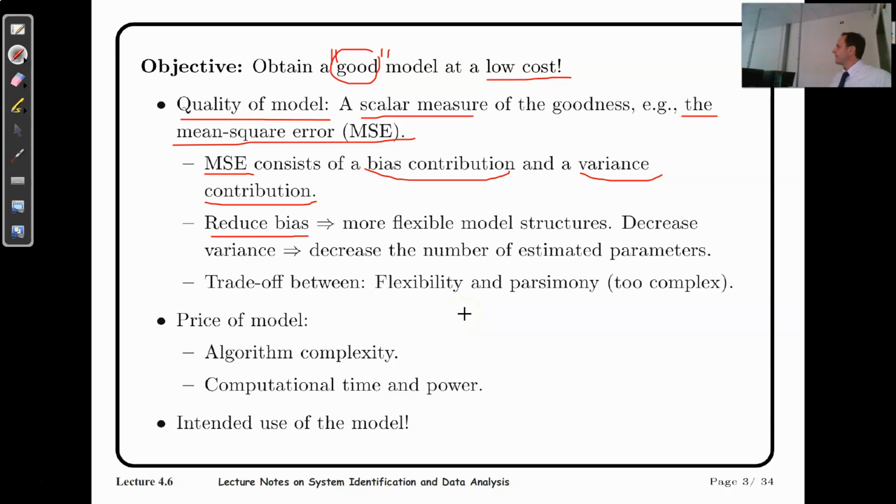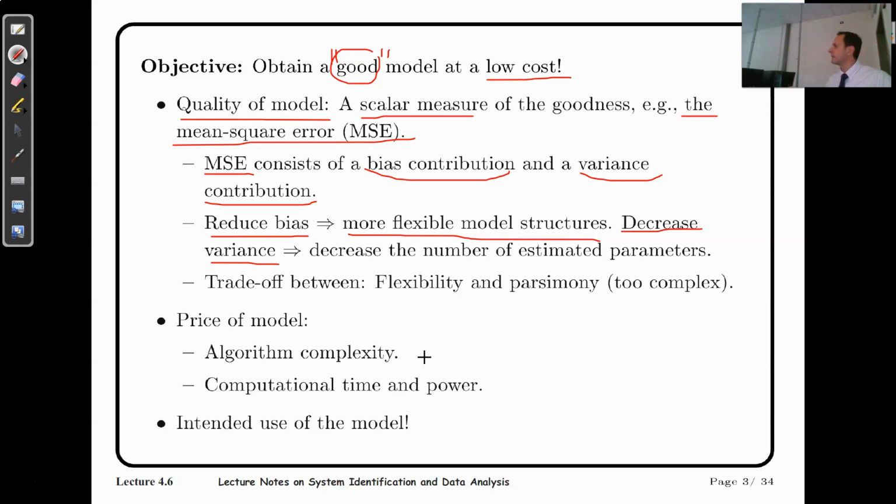If you reduce the bias, the difference between the real measure and the estimation, it means that you have a more flexible model structure. If you decrease the variance, you decrease the number of estimated parameters.